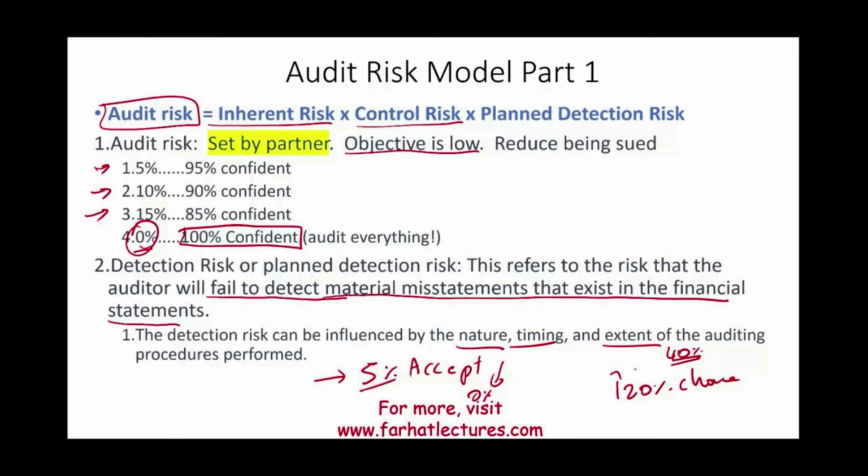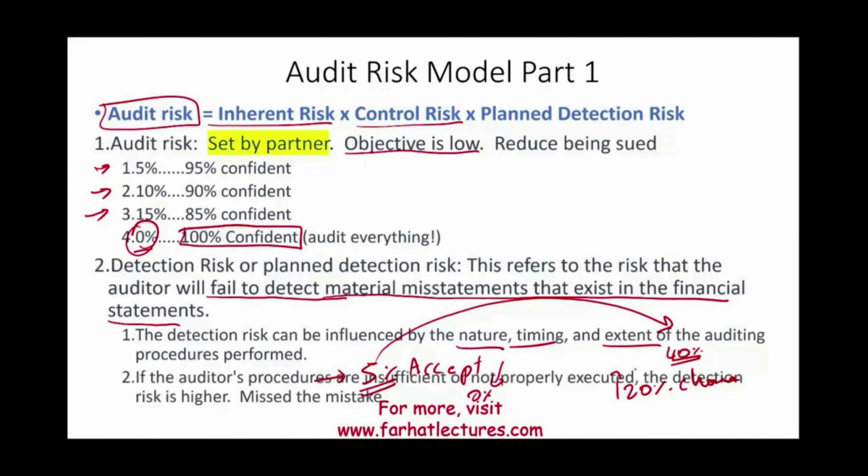But let's assume I accept 5% risk. Well, 5% means I have to do more work relative to 40%, because if I can accept a higher level of risk, I am more comfortable. Okay, so if the auditor's procedures are insufficient or not properly executed, the detection risk is higher. You could be missing the mistake. Why?